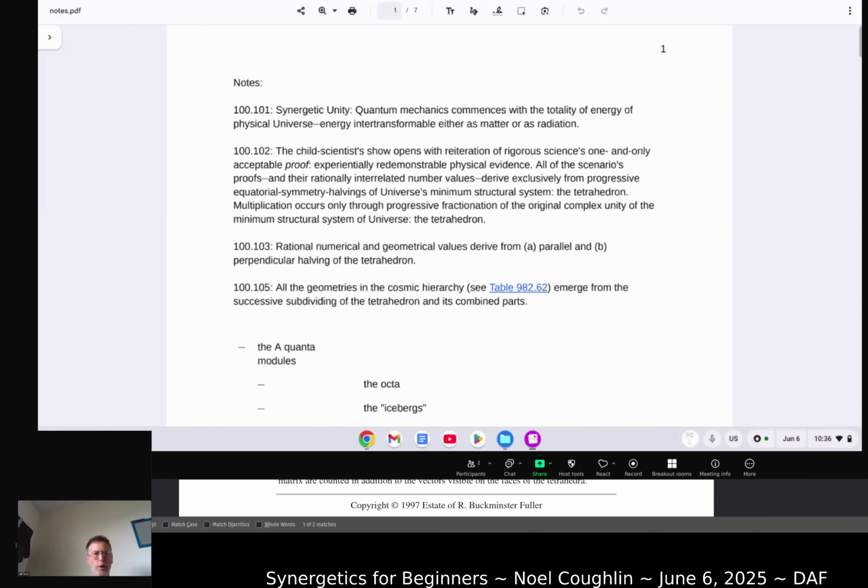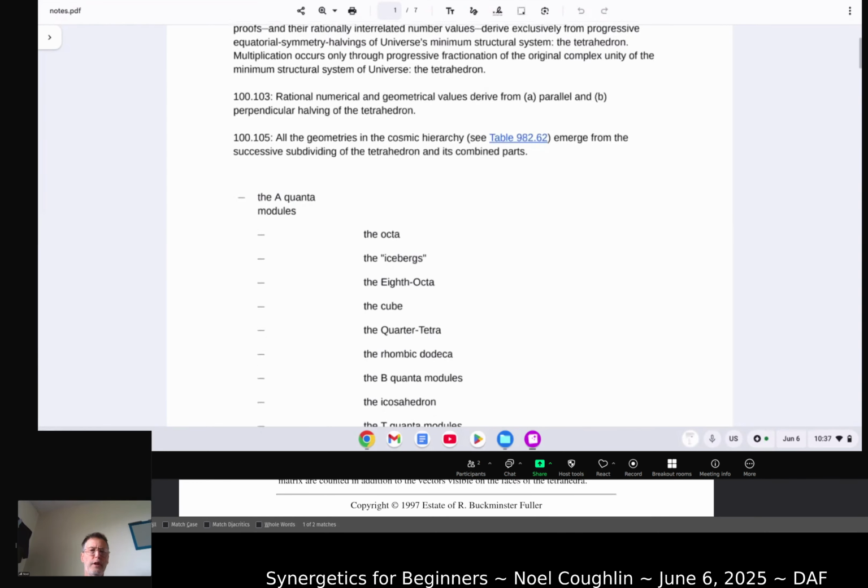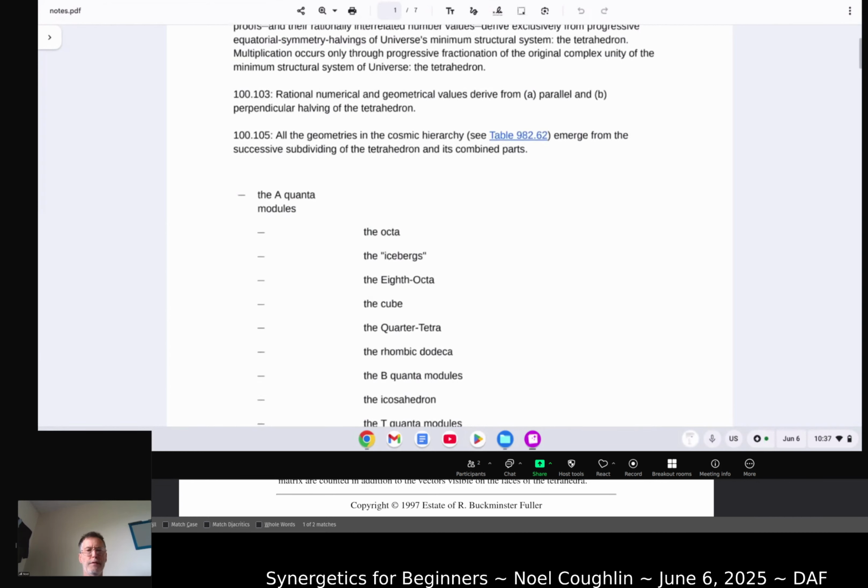And this is why Arthur told me to fractionate the tetrahedron and study those higher frequency levels. So rational, numerical, and geometrical values derive from the parallel and perpendicular halving of the tetrahedron.